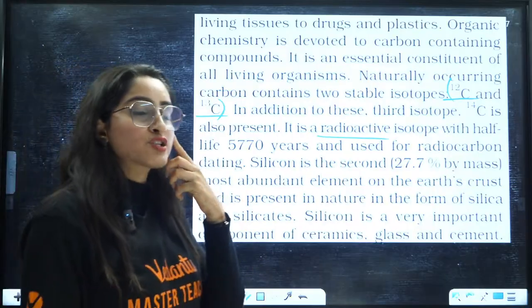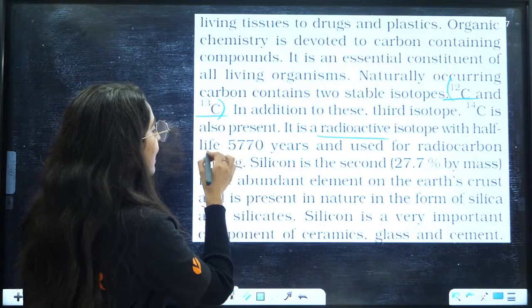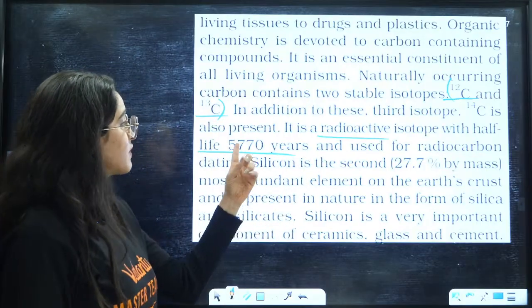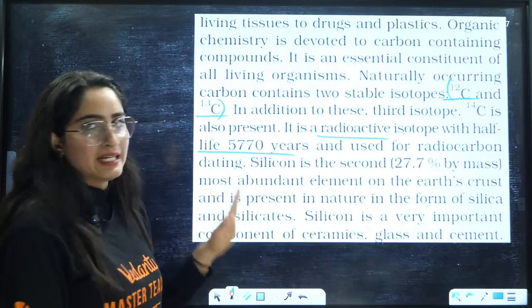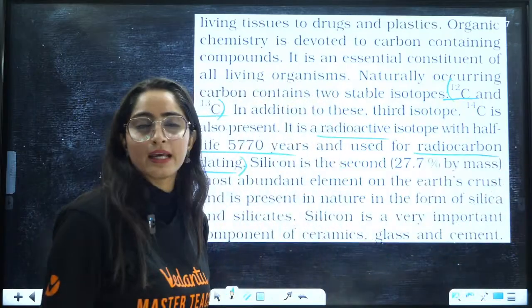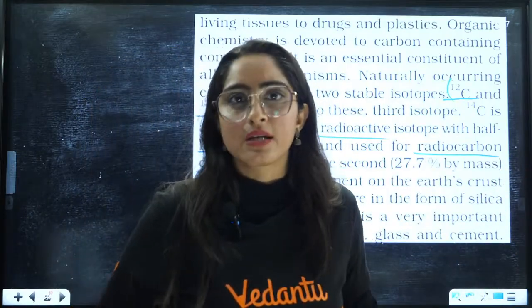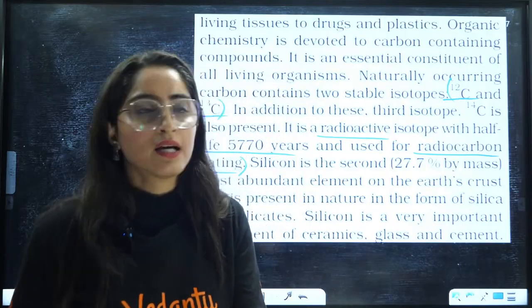It is actually found in nuclear reactions, fission-fusion reactions, with a half-life of 5770 years and is used for radiocarbon dating, right? I think you must have seen radiocarbon dating in maybe nuclear physics. You must have seen a little bit of what carbon dating is.